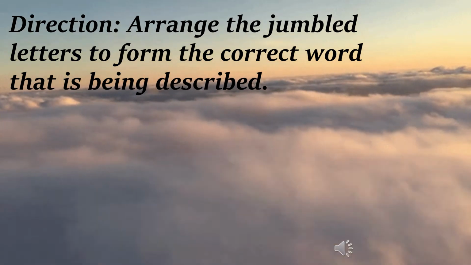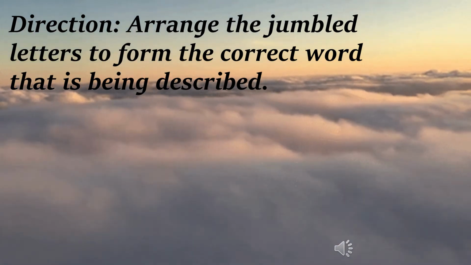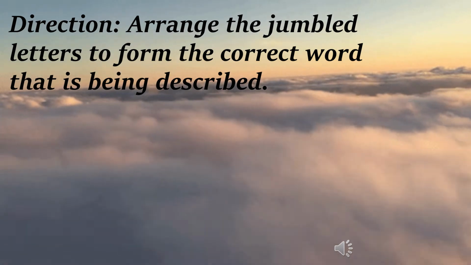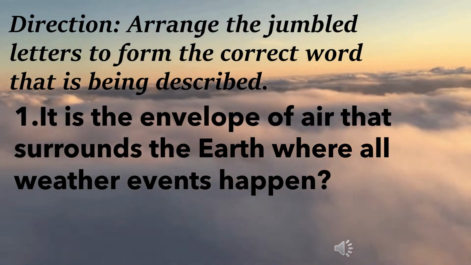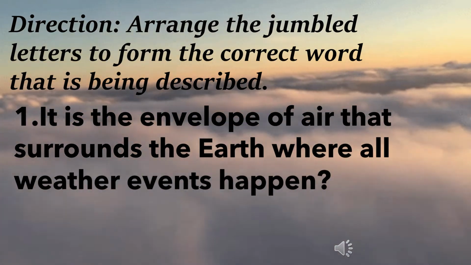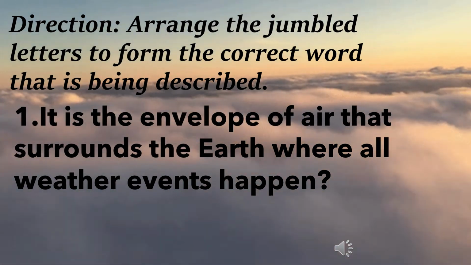Arrange the jumbled letters to form the correct word that is being described. Number 1. It is the envelope of air that surrounds the Earth where all weather events happen.